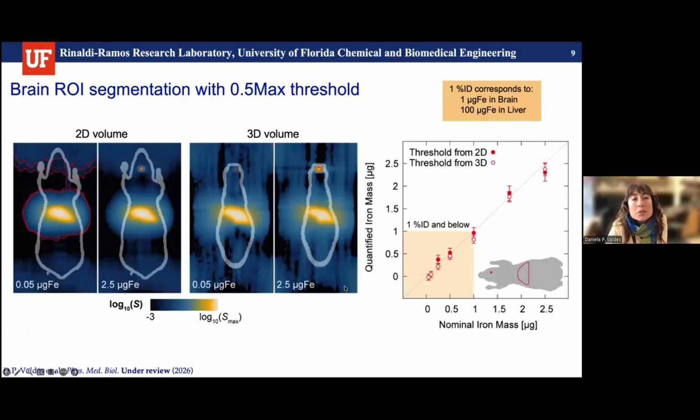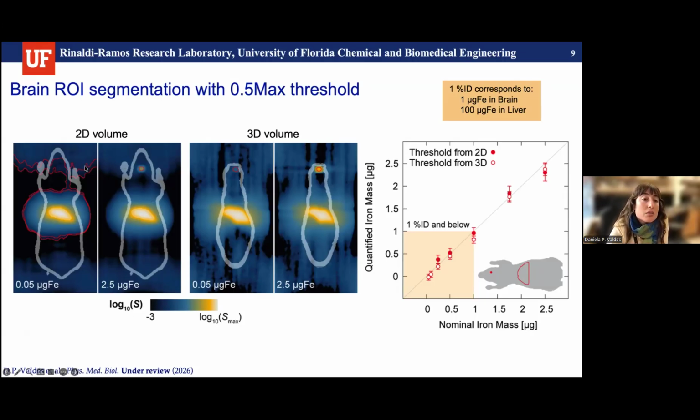So let's start with the brain. We know the brain is the easy one. So I'm showing the limit of the range we tested, the smallest mass and the largest mass for both 2D and 3D. You see in 3D, there are no problems when trying to segment with the threshold. We don't have any problems with the 2D in the larger mass either.